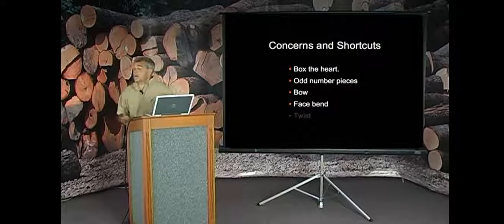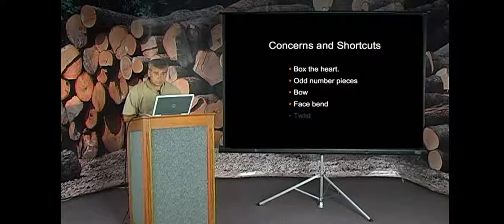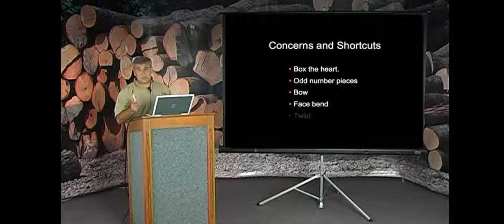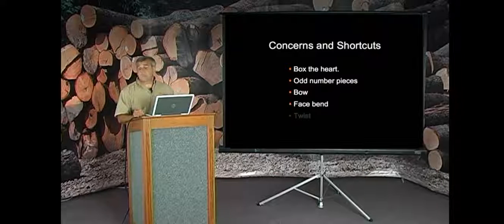So face bend in some situations, if I'm cutting board and batten siding and I'm getting a little bit of face bend, I want my thickness to be the same, but if I'm getting face bend, not a big deal. If I'm getting bow and I'm doing board and batten siding, ideally a builder wants to come up to the corner of that building, plumb his corner board in, and start putting them boards up one right after another, right?